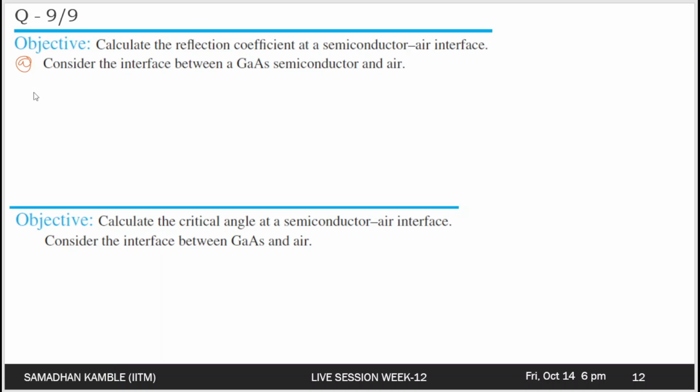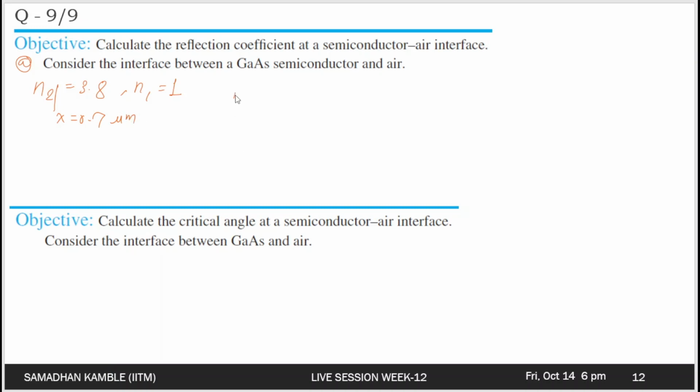The index of refraction for gallium arsenide, which is N2, is 3.8, and the refractive index of air, N1, is simply 1. Also the wavelength lambda is 0.7 micron.